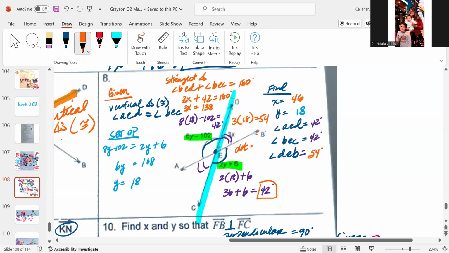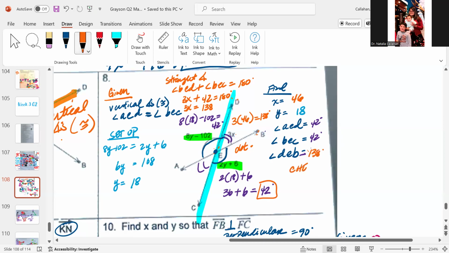Oh, I messed up here. Hold on. This is not right. This is 3x. So 3 times 46 is not 54. I put y instead. So 46 times 3 is actually 138. Even though it doesn't look like it, the diagram was totally not drawn right. So DEB should be 138.